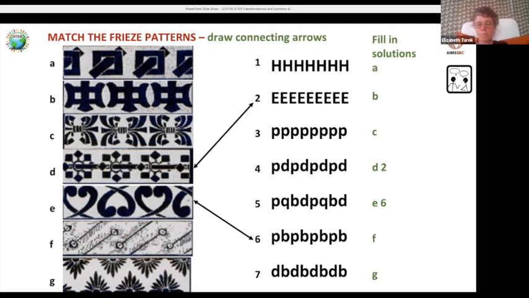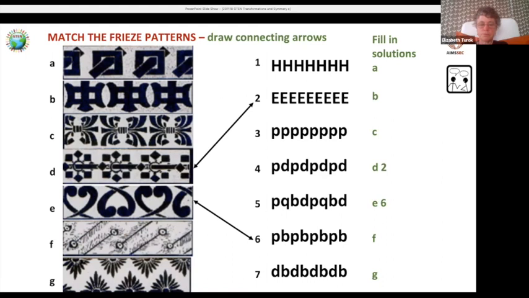You could also ask them to draw their own patterns with these symmetries, and we saw one a little while ago with the birds and the fishes, but we're not asking for anything as complicated as that, just any pattern that matches these 7 types.